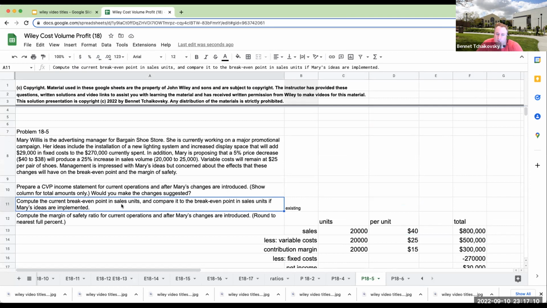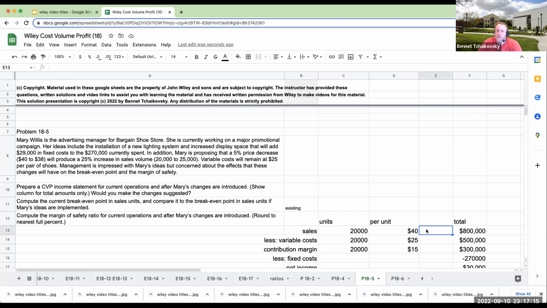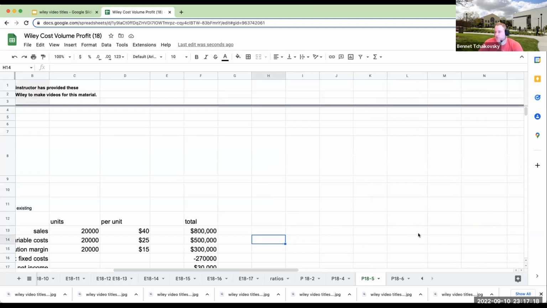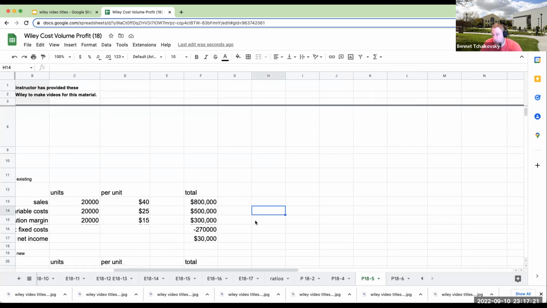Compute the current break-even point in sales units and compare it to the break-even point if Mary's ideas are implemented. If you've been watching the other videos, the break-even point in units is our fixed costs divided by my contribution margin per unit. Our fixed costs are $270,000 and my contribution margin per unit is 15, so the number of units I need to sell to break even in the current scenario is 18,000.